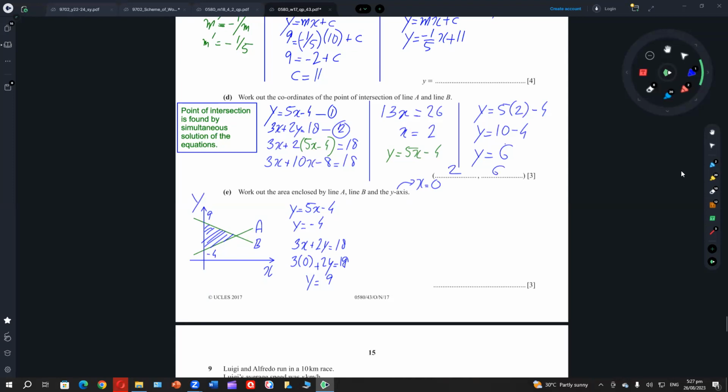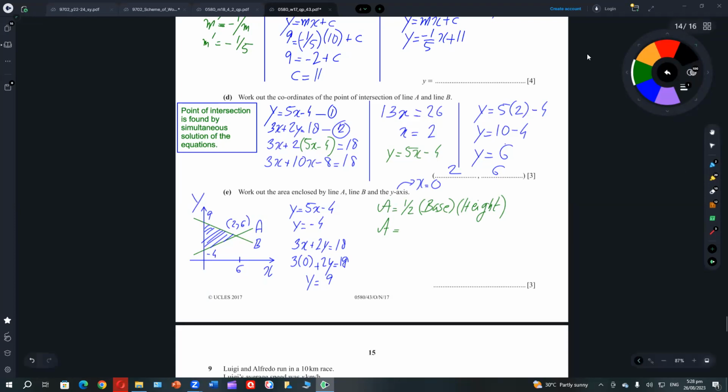The point of intersection of the two lines is 2, 6. So it is 6 here. So what's the formula for the area of a triangle? Half base times height. So now I need to find the base and the height.